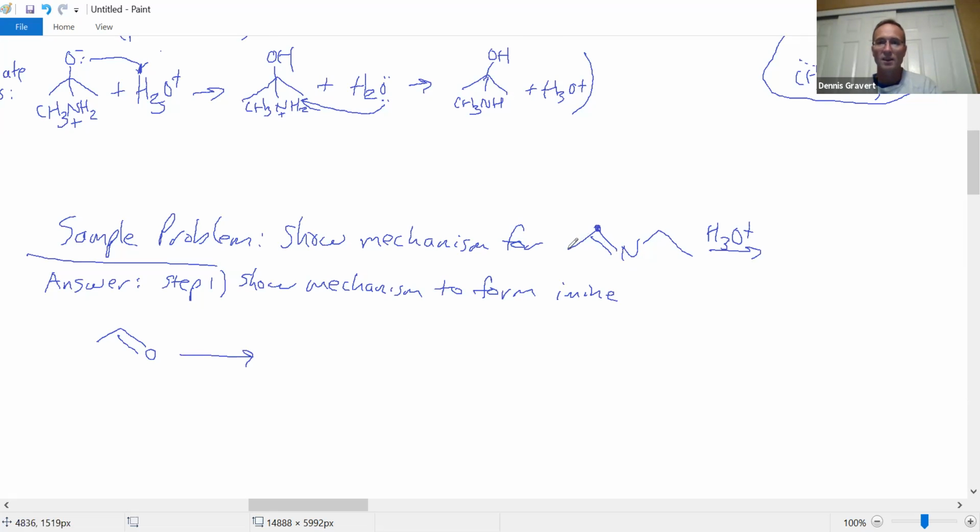And then, so this carbon is double bonded to oxygen. The nitrogen started with an ethyl group. Oh yeah, and two hydrogens. And the mechanism is go bump up the pi bond, two arrows.